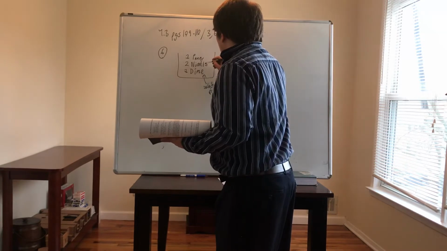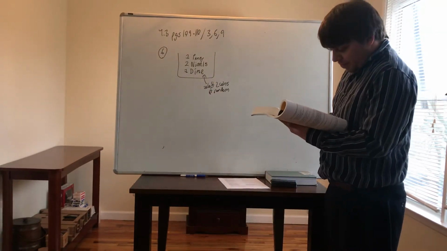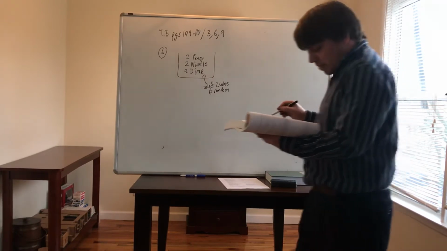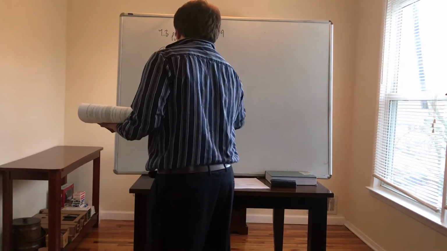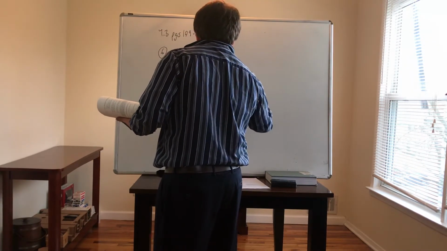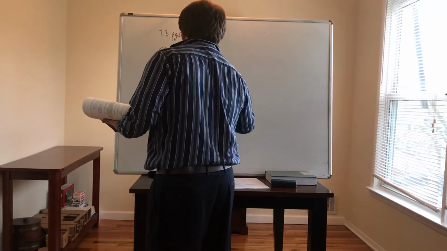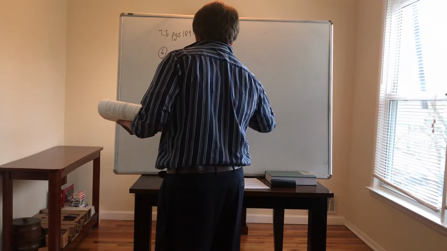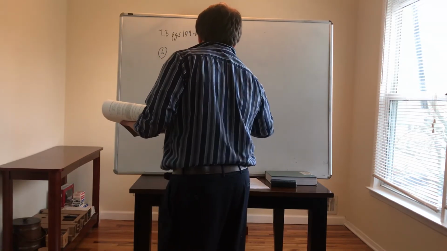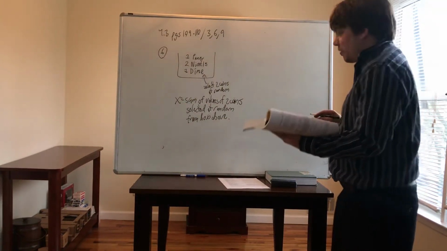I'm going to select 2 coins at random. If I select 2 coins at random from the box, and X is the sum of the values of the 2 coins selected at random from the box above, what is the probability function of X?